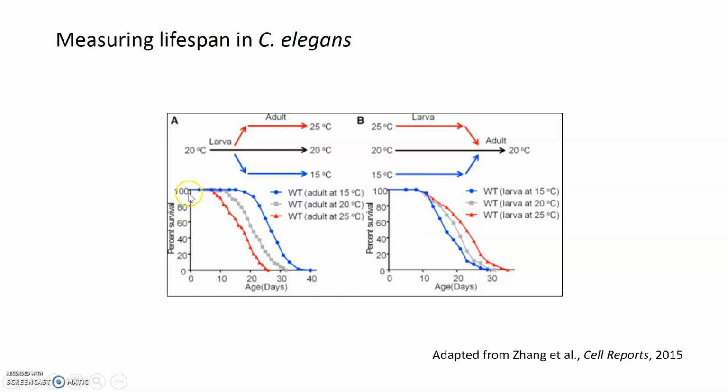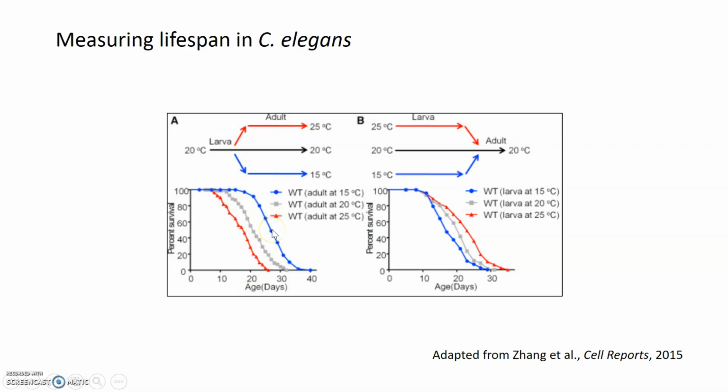And you can see that at the beginning of their lives, until about day 10, all of your worms are alive. And then worms, in this case at different temperatures, will start dying at different rates. And so you can see here at 15 degrees, it takes a lot longer for them to begin dying, up until about 20 days.